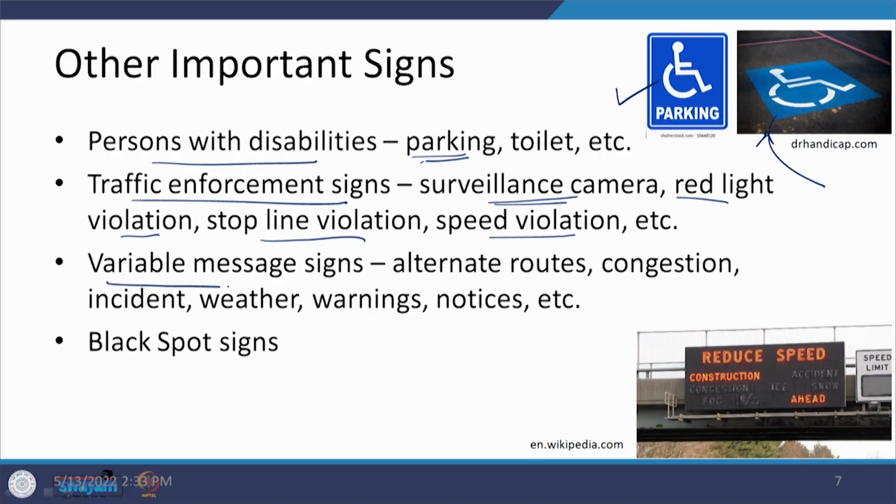Another important type of sign is the variable message sign, also defined in short as VMS. One example is shown at the bottom here. It says reduce speed, construction ahead. On the same board other words are also used, but the LED at the back of them is not lit, and therefore only the information which is to be given is depicted. Here, because of the construction, the speed needs to be reduced.